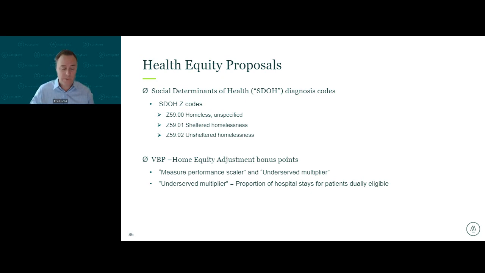And then we will see the health equity adjustment bonus points program, as mentioned just a couple slides ago, which will provide a bonus to the total payment score for providers that treat a high proportion of dual eligible patients.